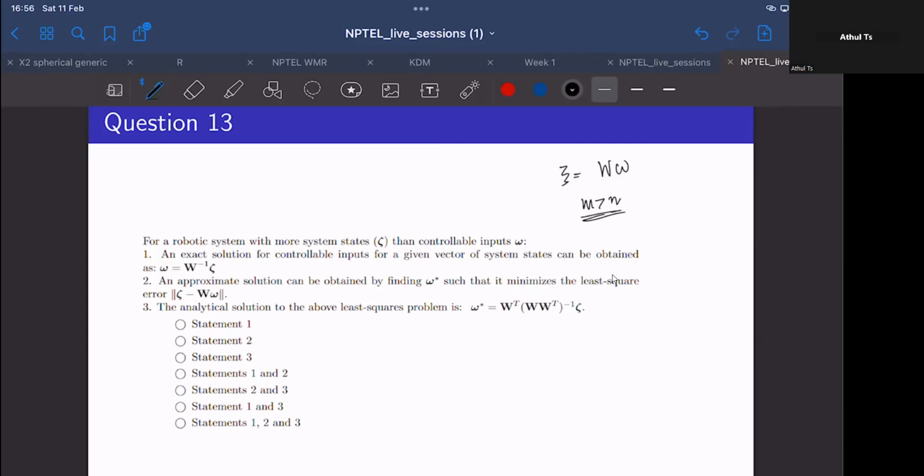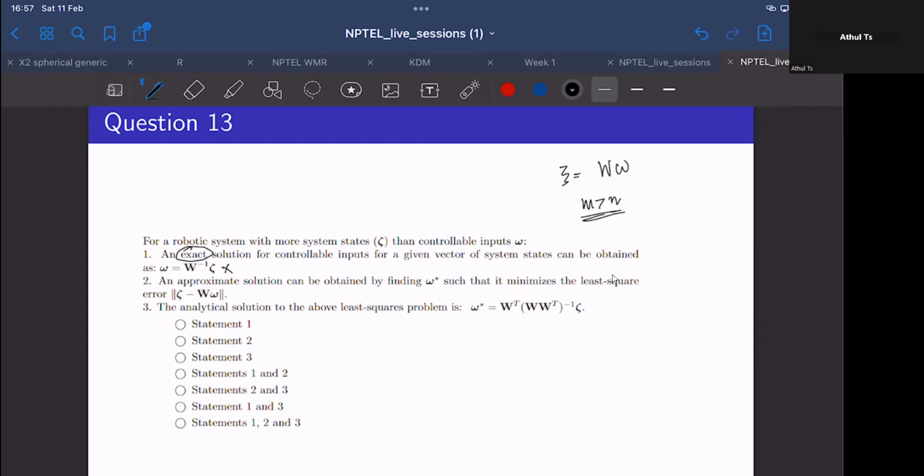This is basically wrong, because the first thing is we won't be getting an exact solution. As I've already discussed, for an overdetermined system, if the number of equations is more than the number of unknowns, there are no exact solutions, and we can only get an approximate solution based on one of the conditions we tried earlier, the least square approximation.